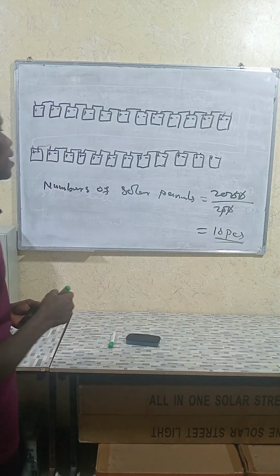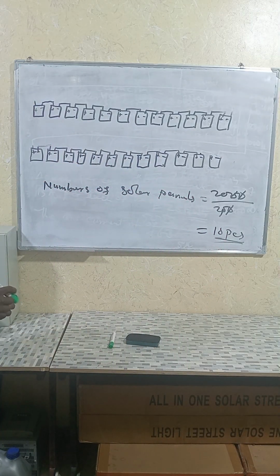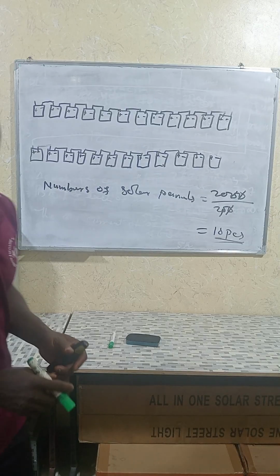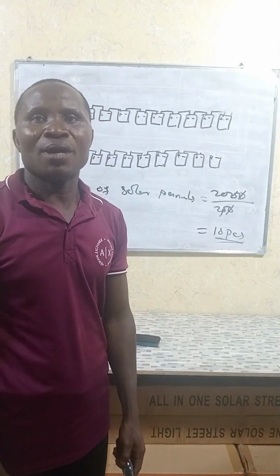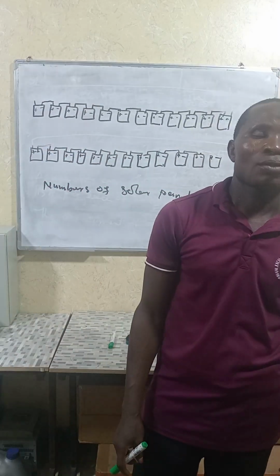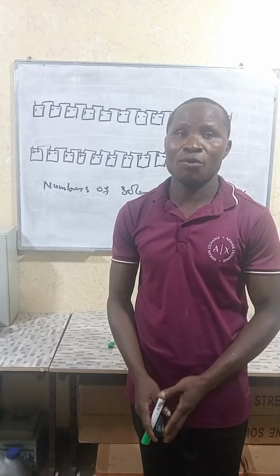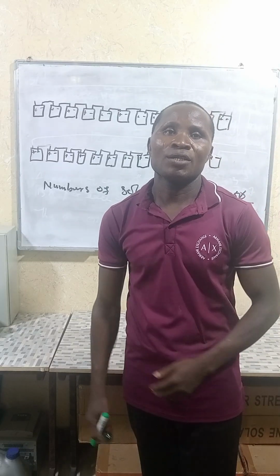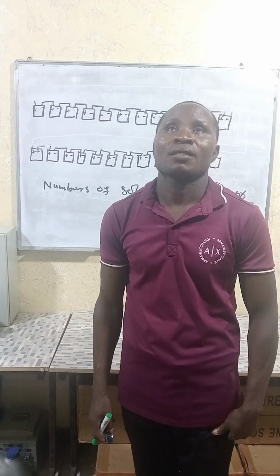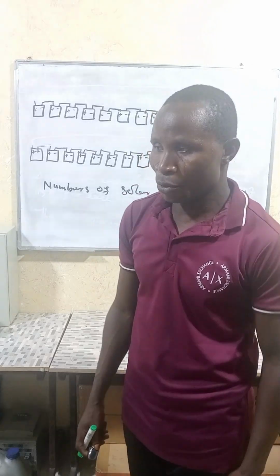Without considering the irradiance, but mind you that the voltage we are looking at is 36 volts, and for each panel the voltage we are looking at is 18 volts.